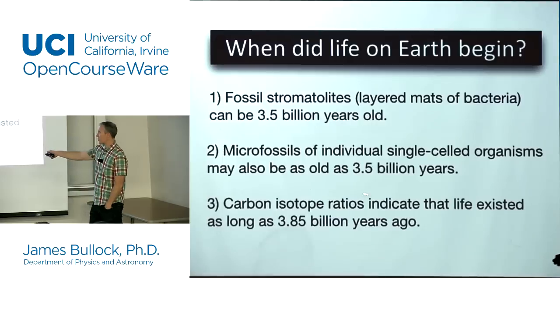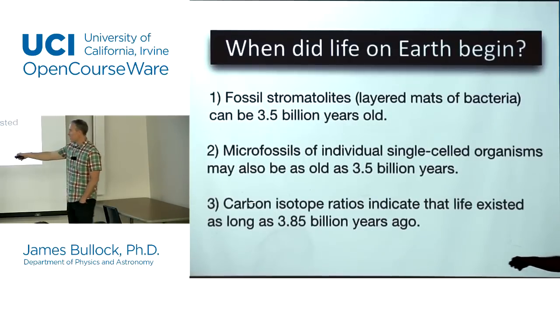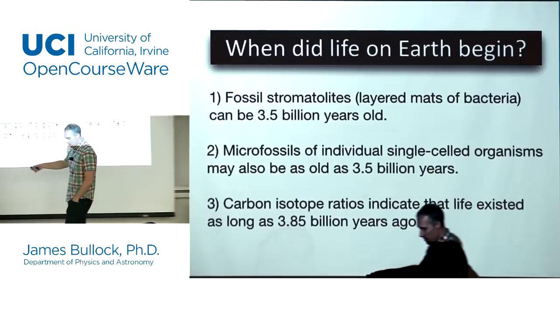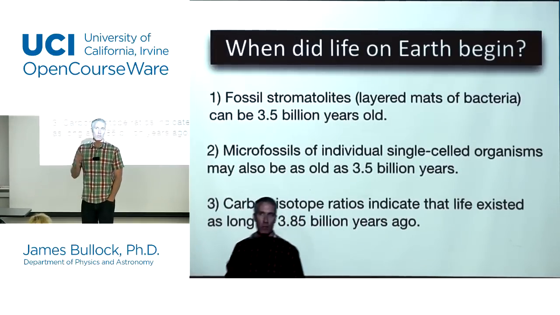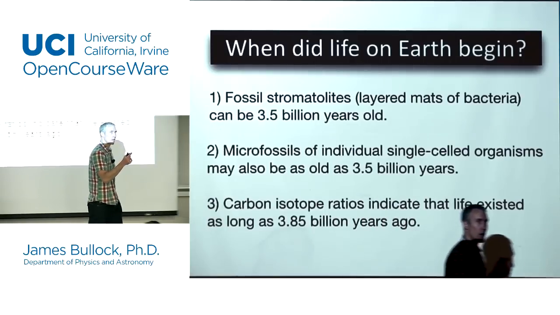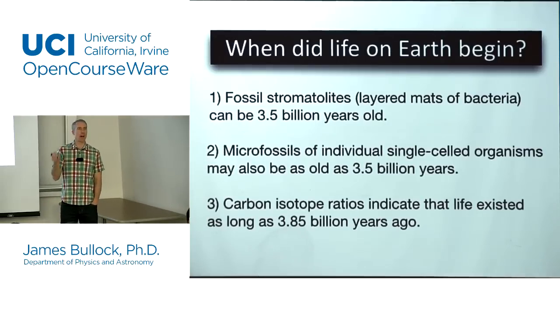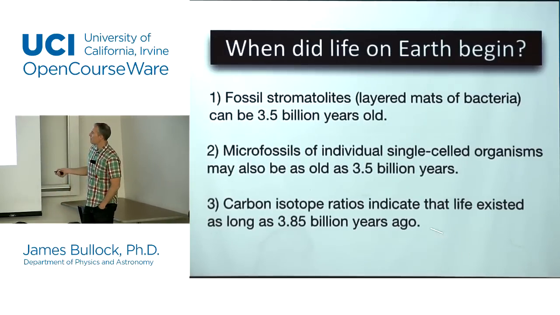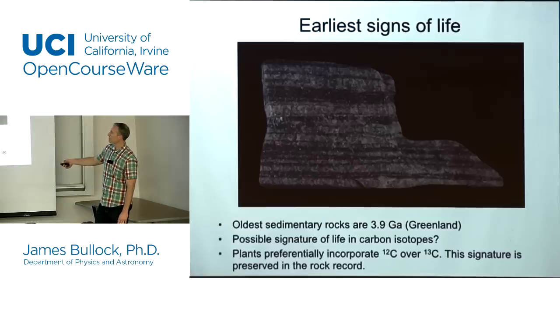It isn't as direct evidence as this, but it turns out that life tends to take up a certain carbon isotope more than general non-biotic chemical reactions. And so by measuring these isotope ratios, you can get a sense of whether this came from organic matter, whether this came from stuff that was alive. And these are dated as old as 3.85 billion years ago.